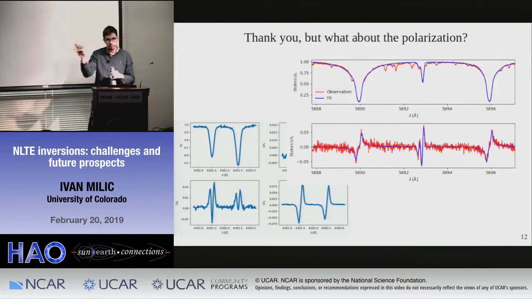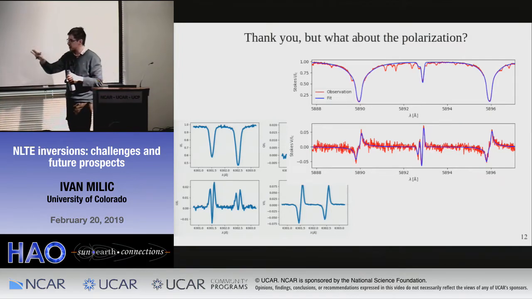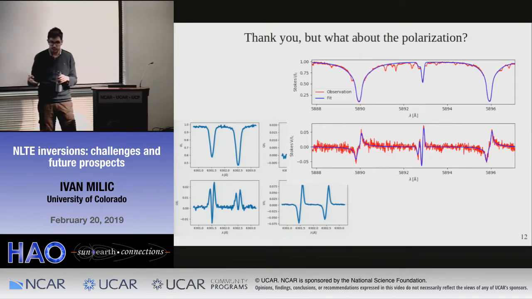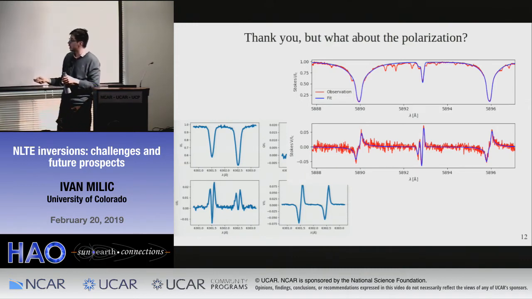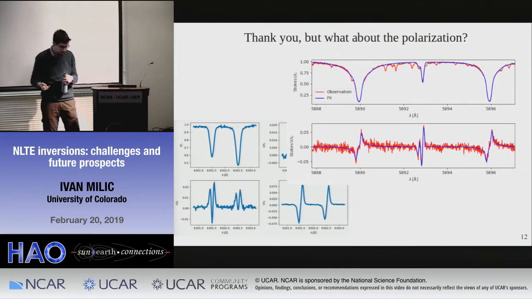Okay, so that's all good and fine, and we have these lines, and they're in non-LTE, but what happens with their polarization? As you have noticed already a few times, we are not only interested in the intensity of these lines, but also the polarization state there.